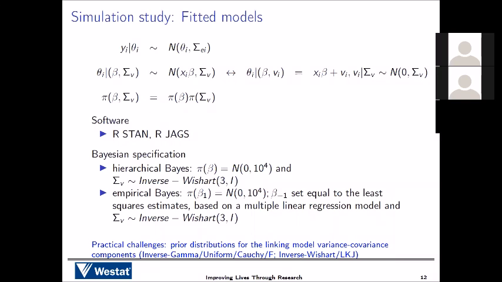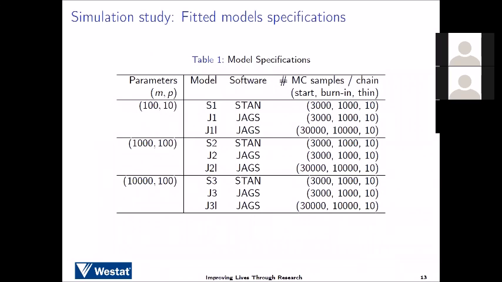But RStan is more flexible, so I can look into a decomposition of the matrix and assign priors on standard deviations and a correlation matrix using an LKJ prior. But for this comparison, I want to use the same prior, and again, the only difference here is the two different software packages.